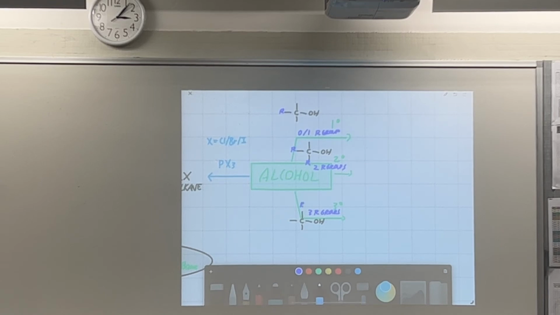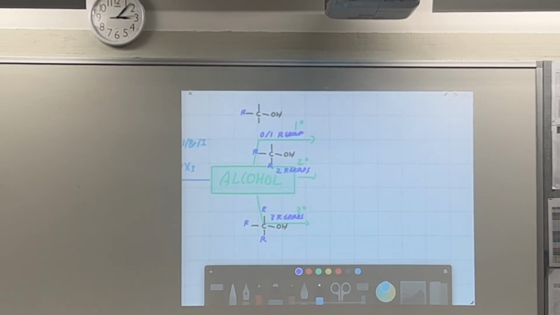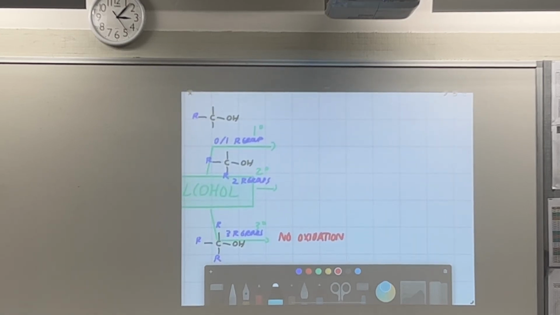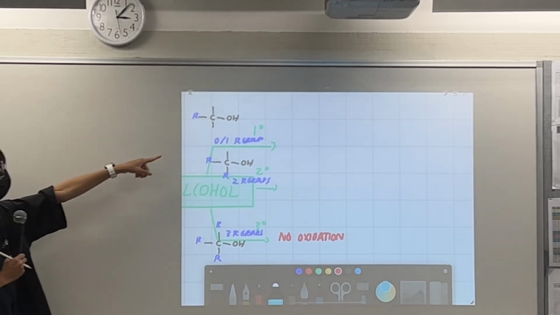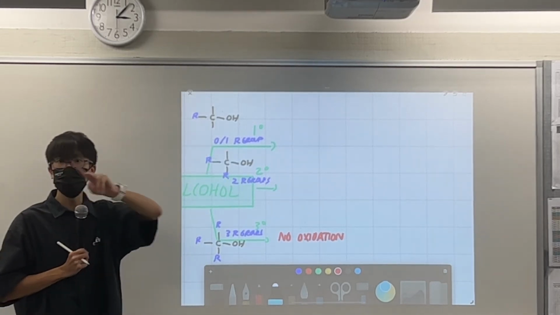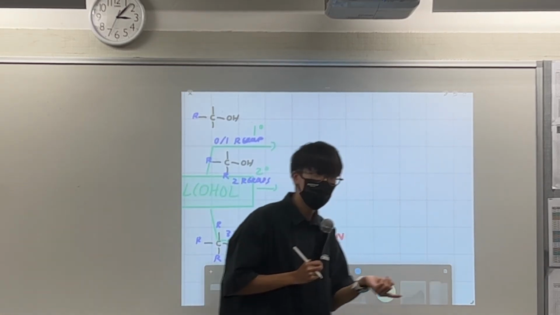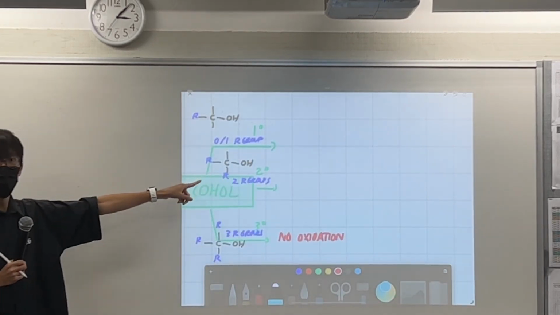The third one is very easy because there's no reaction. It cannot be oxidized, so no oxidation. But can anyone tell me what primary and secondary alcohol can be oxidized to, and how many stages of oxidation can primary alcohol undergo? 2 stages. First into aldehyde, later into carboxylic acid. What about secondary? Only ketone.